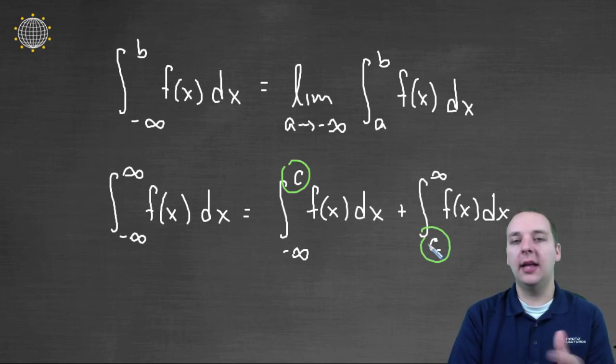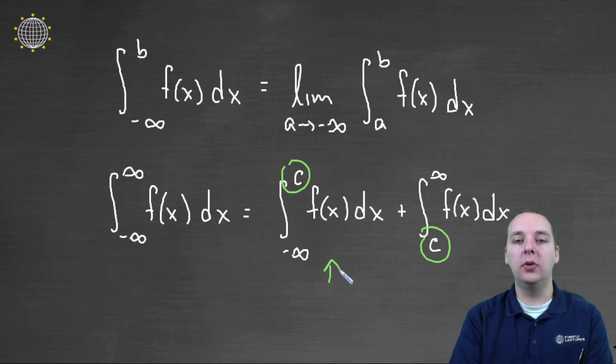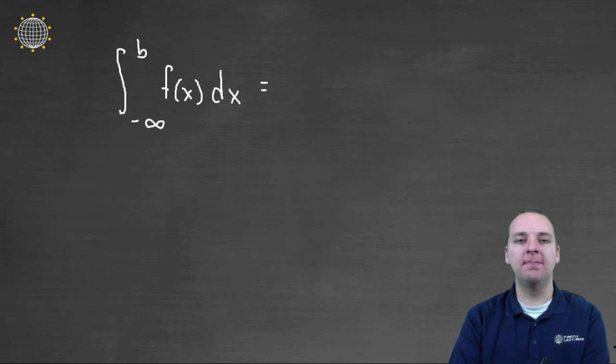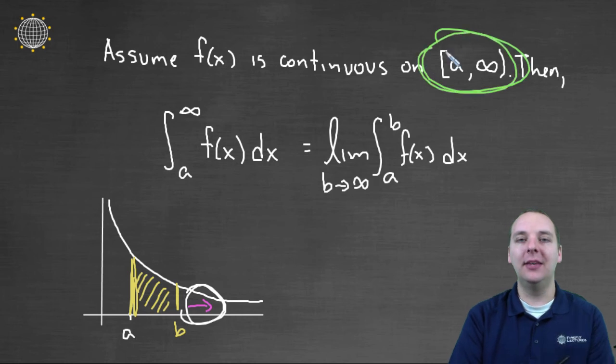You could pick 5, you could pick 10, you could pick -2. The point is that between the two of these, you are covering the entire interval, but you're just breaking it apart so that you only have to do one limit at a time. So anyways, this is how we tackle these improper integrals that are due to having an infinite interval.